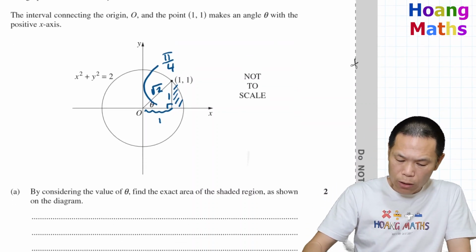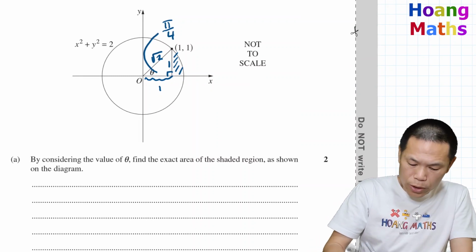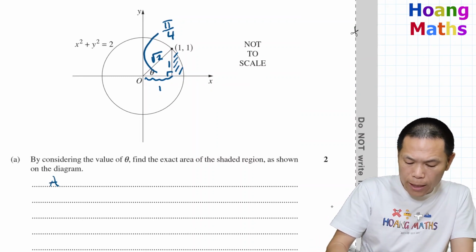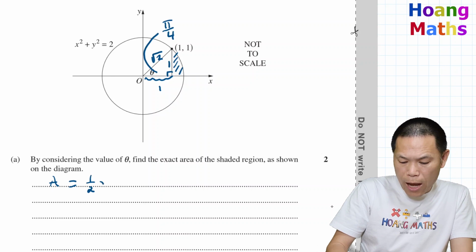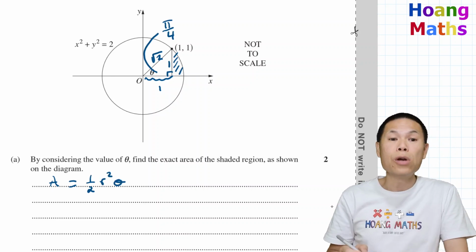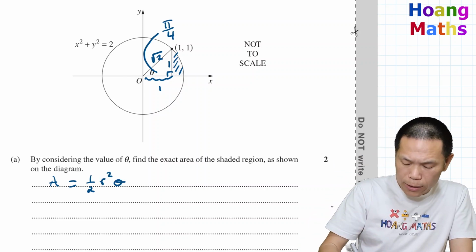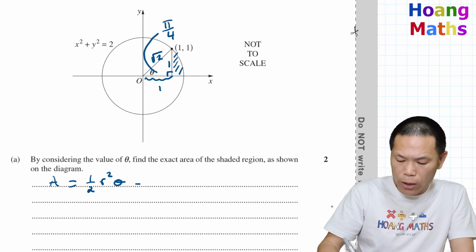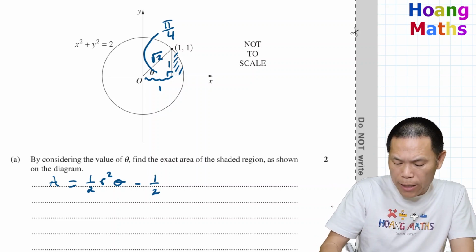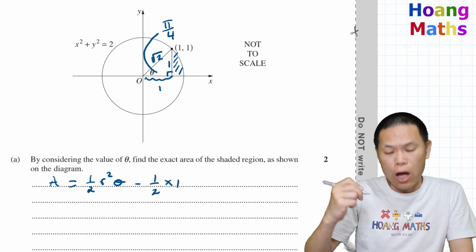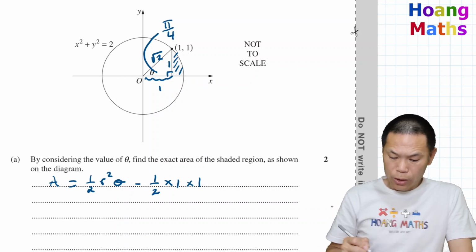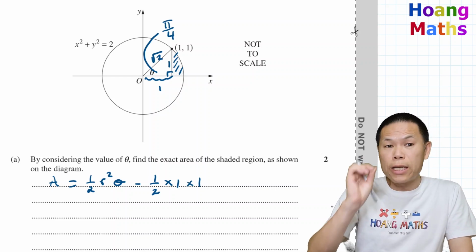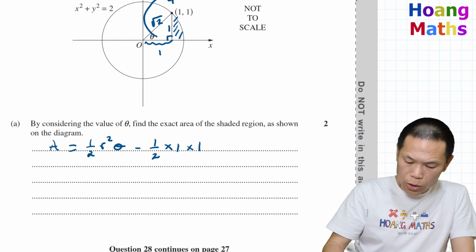Now to work out the area, we need the area of the sector, which is a half r squared theta. That's a rule. And we need to minus the area of a triangle. The area of the triangle is a half times base, which is 1, and the height is 1 as well. And we know the radius is root 2. Let me just write this down.